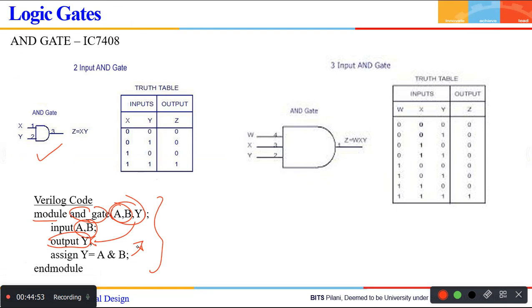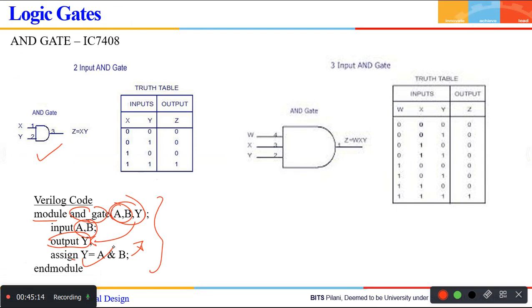Is it gate level? It's a data flow model. Then end module, done. Suppose you want to change it to a gate model, then in the bracket Y comma A comma B, that's all. This is the Verilog program.